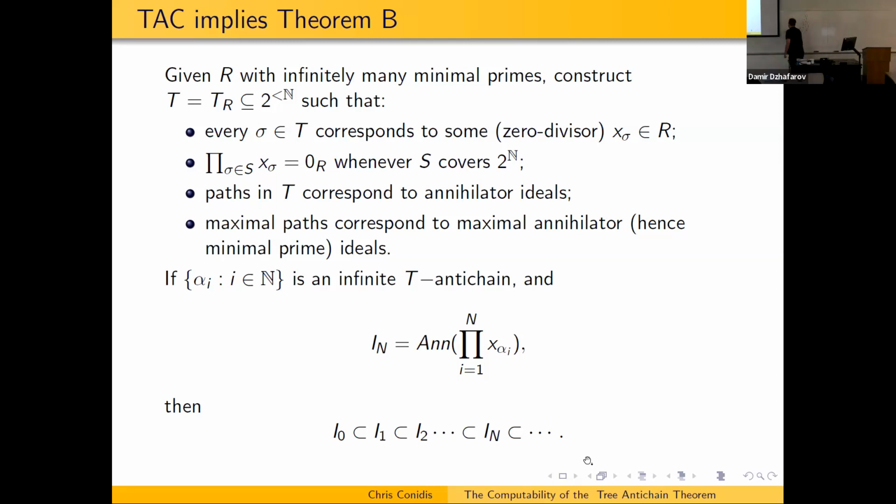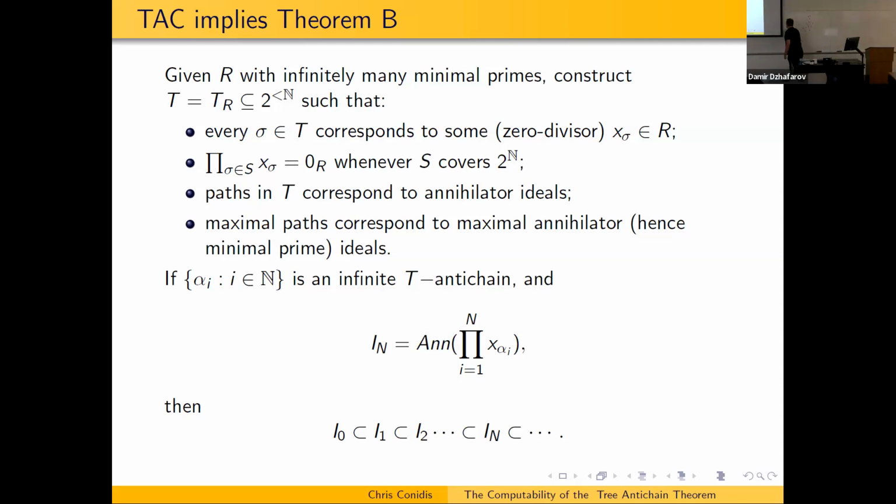So we have x of sigma 1, then x sigma 1 x sigma 2, then x sigma 1 x sigma 2 x sigma 3, then x sigma 1 x sigma 2 x sigma 3 x sigma 4. You start multiplying these things together.